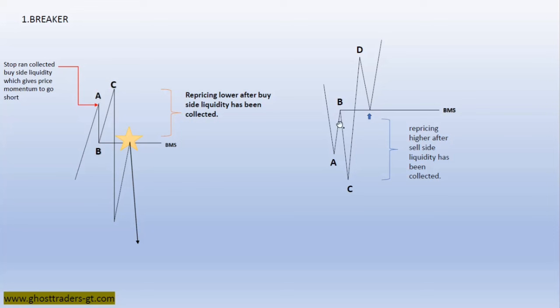For this case also, we see that at point A, price collected the sell side liquidity that is resting here and then went up high, and then we make our entry here. That's the same thing that happens. We make our sell entry here, and then we make our buy entries here. Okay, so this is the structure of a breaker.